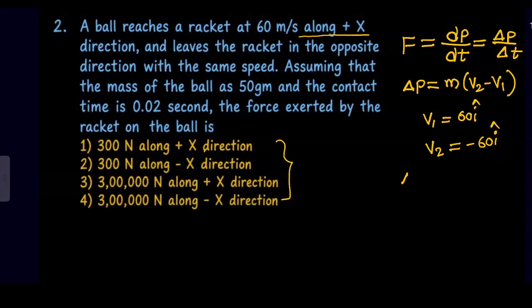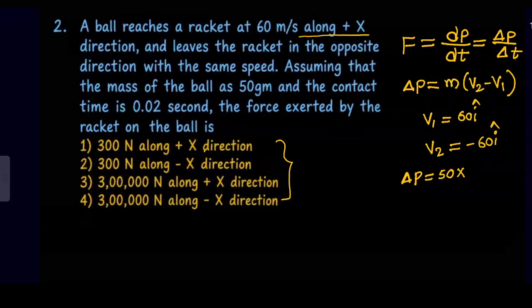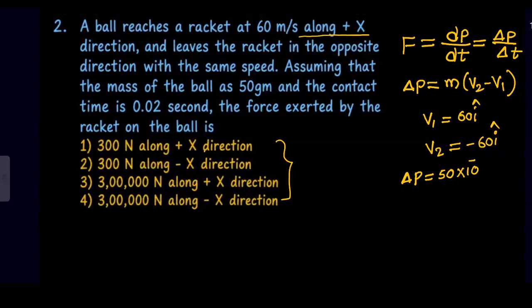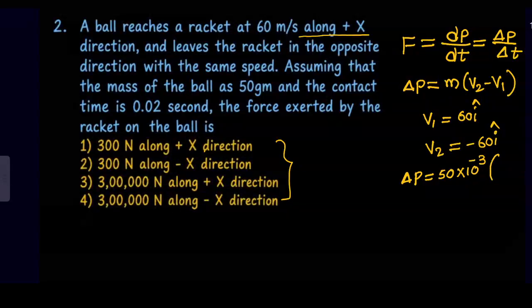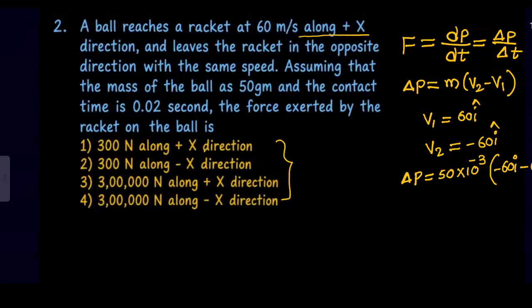Now here, how much is delta P? Mass is given as 50 grams, so 50 into 10 power minus 3 into V2 minus V1. That means minus 60 I cap minus 60 I cap.